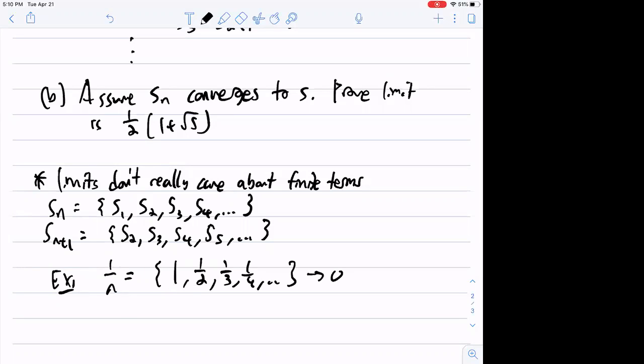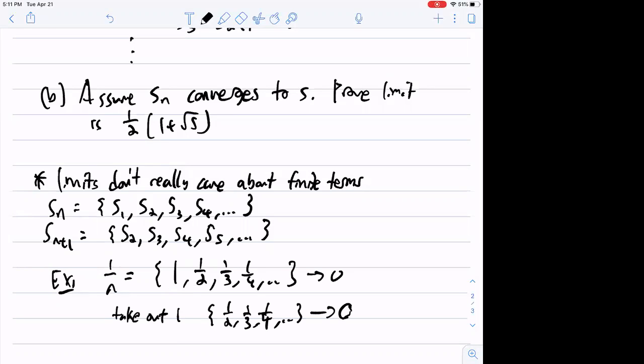If I take out the first term, 1, then we get 1/2, 1/3, 1/4, this thing still goes to 0, right? It doesn't matter that I took out the 1.